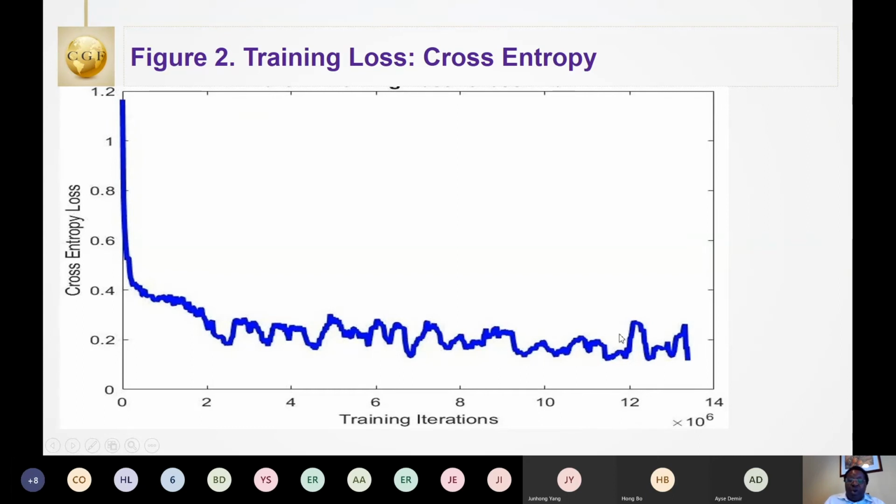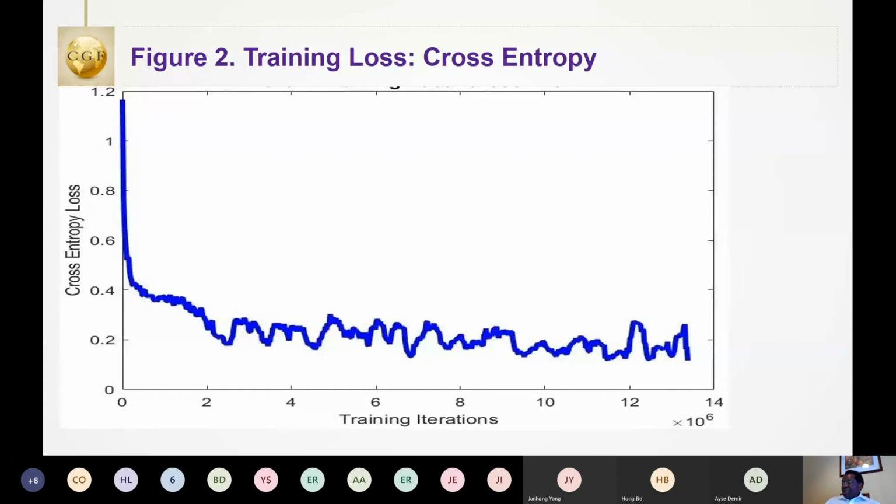And actually, you get the lowest somewhere after about 8 training iterations. These are training iterations times 10 to the power 6 for each, so it's just simplified to give the visual idea.